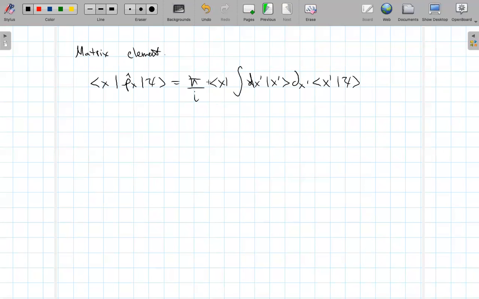Okay. Now, since this only depends on x and x prime, I can pull this guy inside of the integral. So this is going to become minus i h bar integral dx prime times the inner product between x with x prime times the partial with respect to x prime of then, write it this way, simply psi of x prime. Now, what's the inner product between x with x prime?